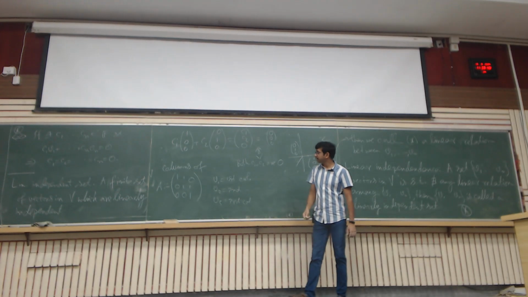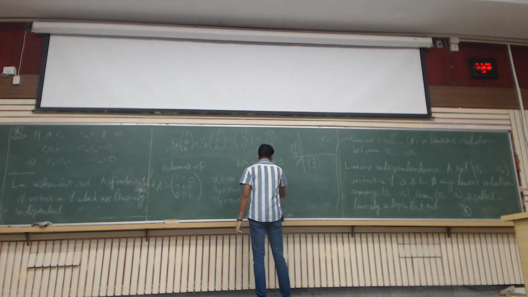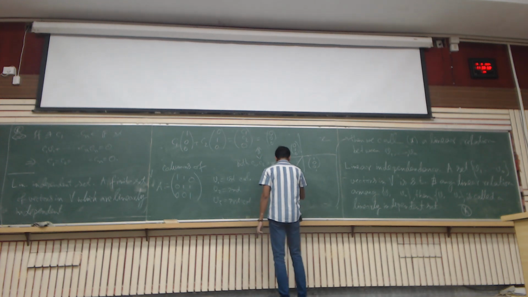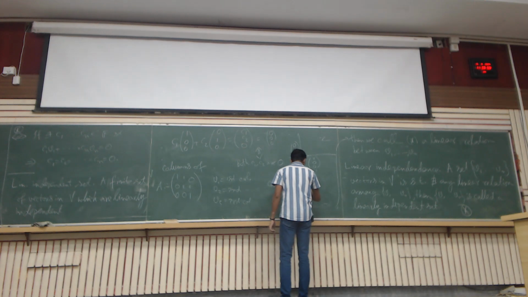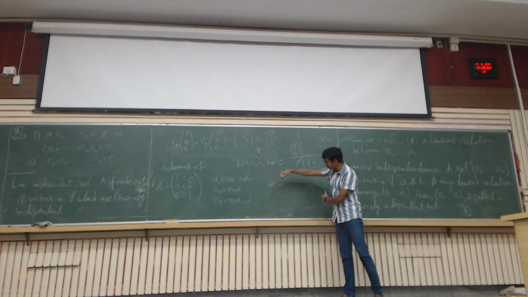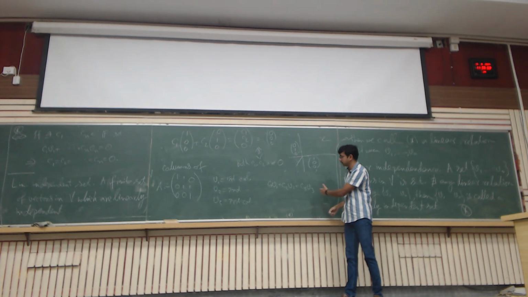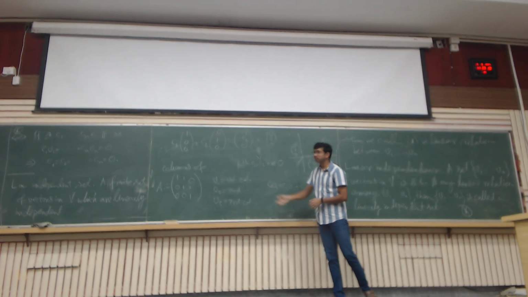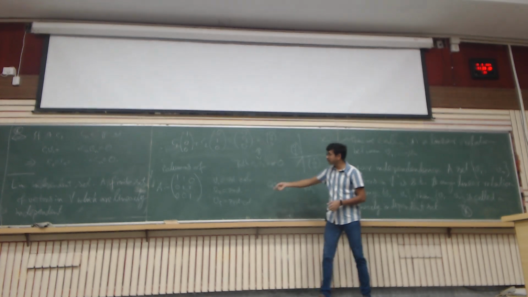What does it mean to take a linear combination of V1, V2, V3? Right: C1 V1 plus C2 V2 plus C3 V3, where C1, C2, C3 are elements of the underlying field, say R or C, whatever field you take. Actually, you could take an arbitrary field here because these are just ones and zeros.